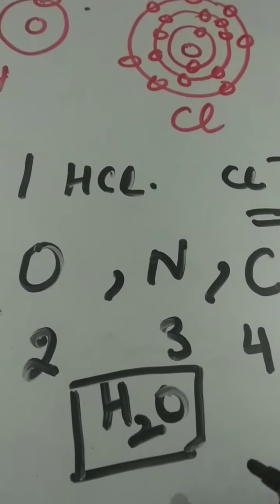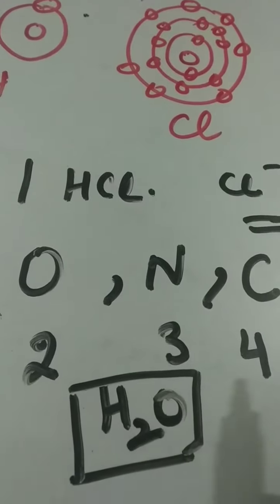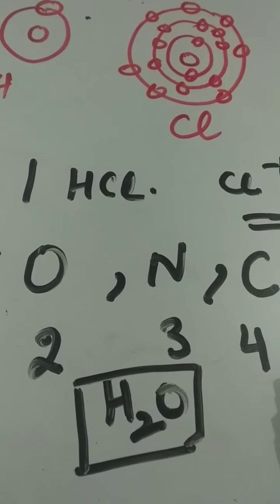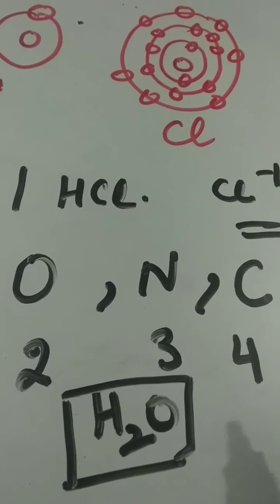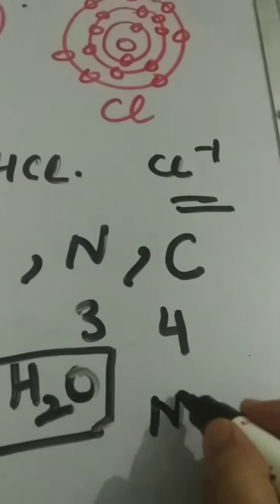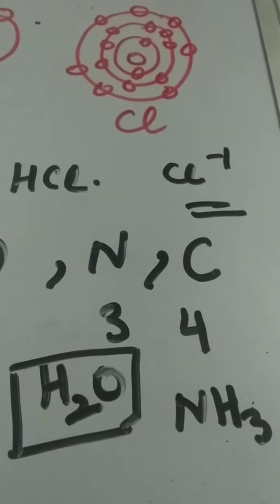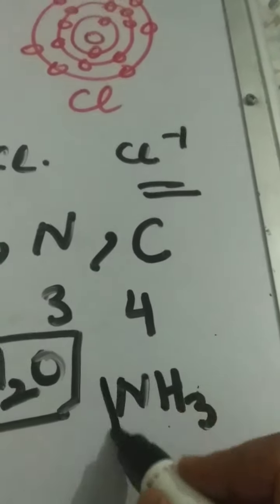Then oxygen, nitrogen and carbon, with valency 2, 3 and 4, form other compounds also, like ammonia and methane.